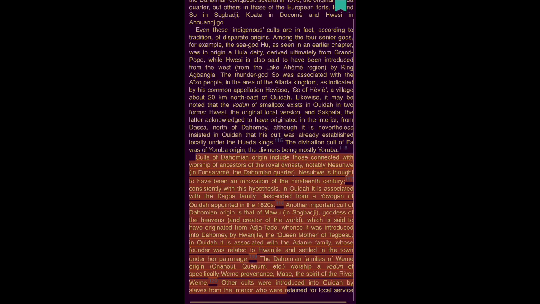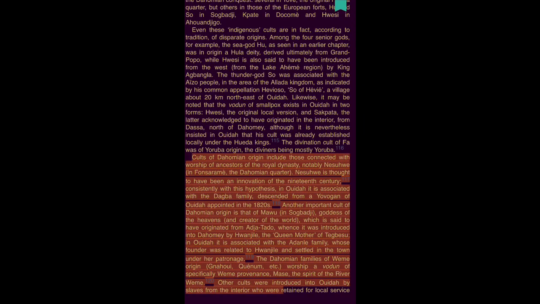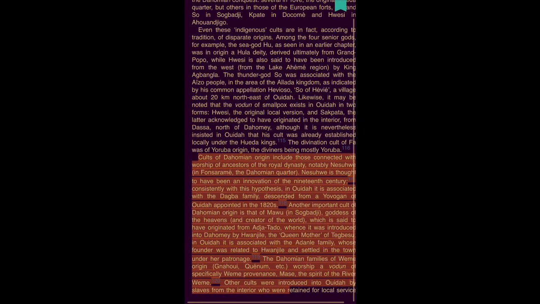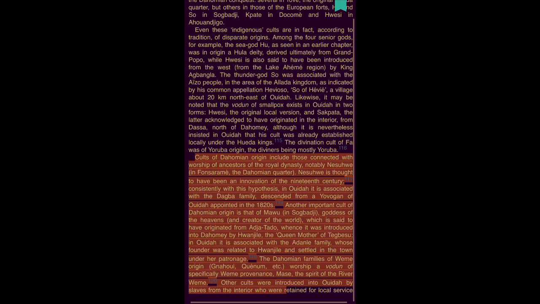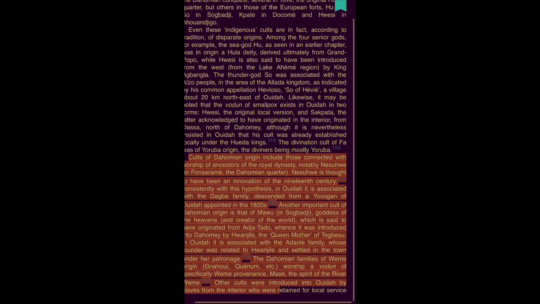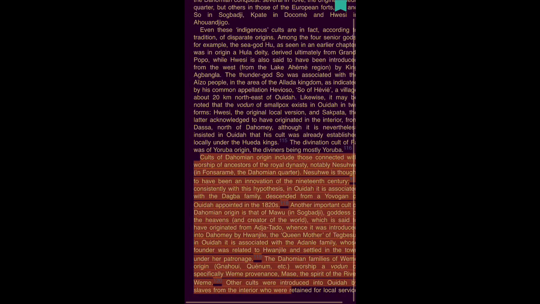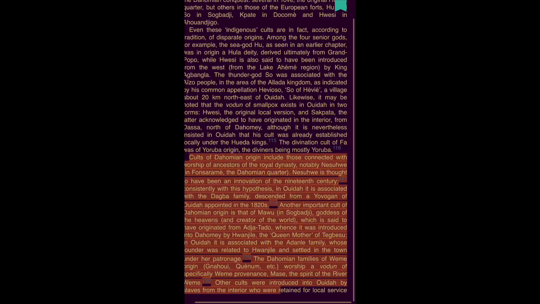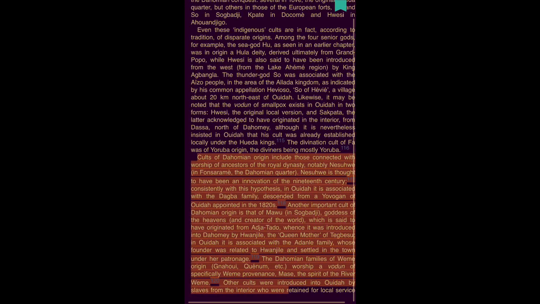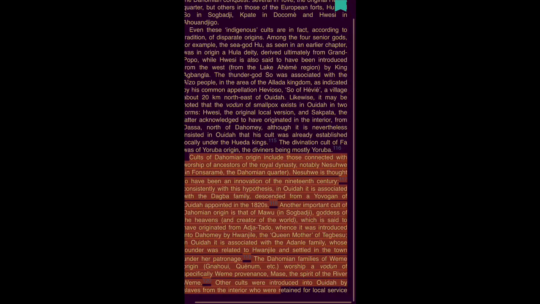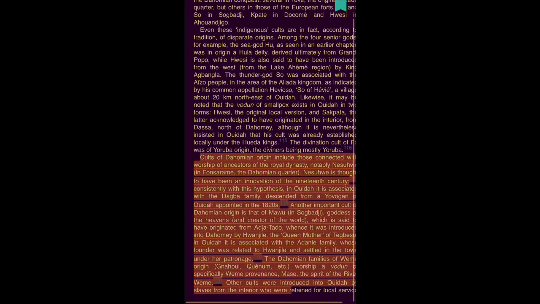It is said to have originated from Ajatado, once it was introduced into Dayomi by Hawanje, the queen mother of Tegbisio in Whydah. It is associated with the Adanli family, whose founder was related to Hawaji and settled in the town under the patronage.